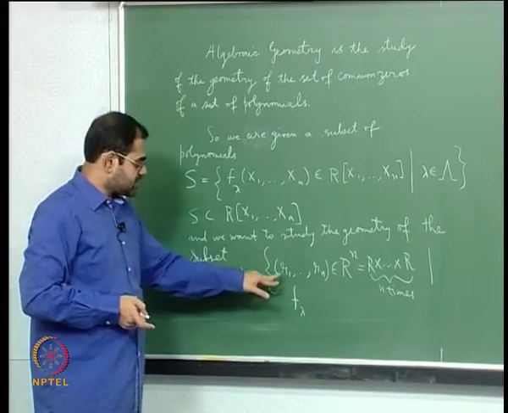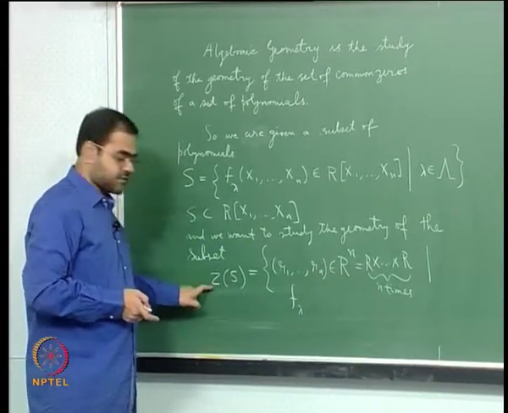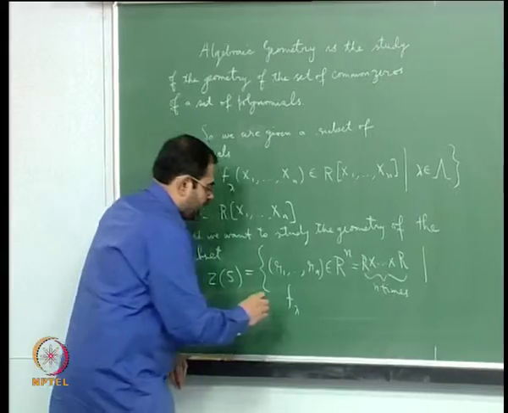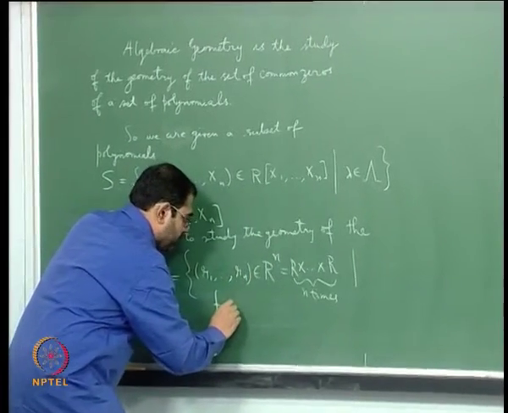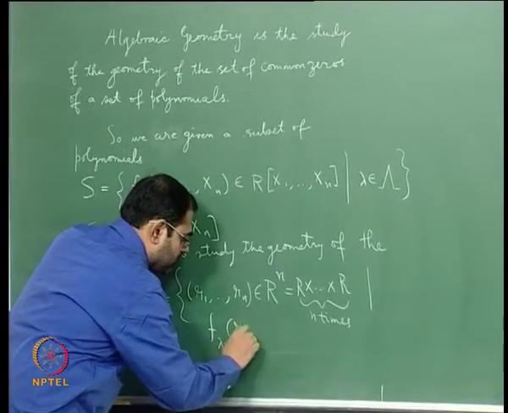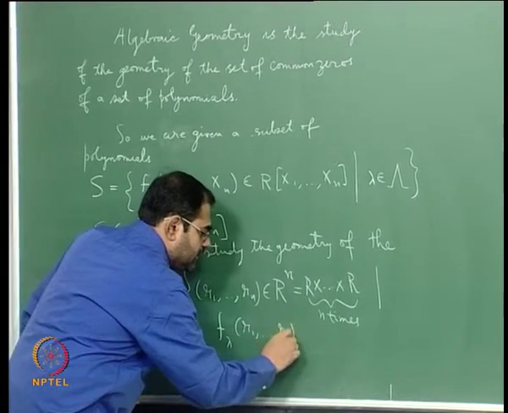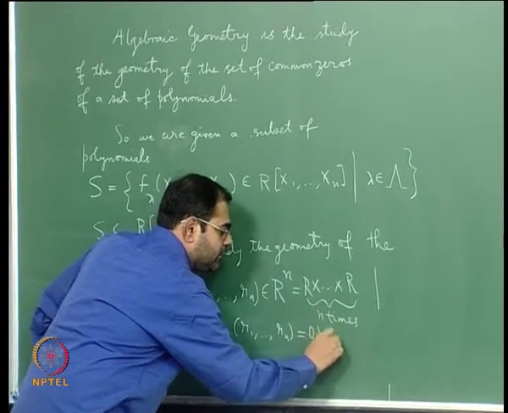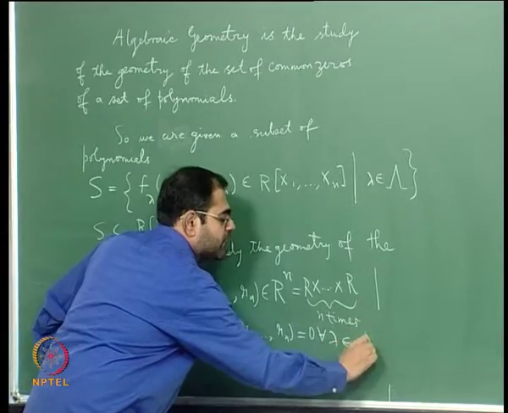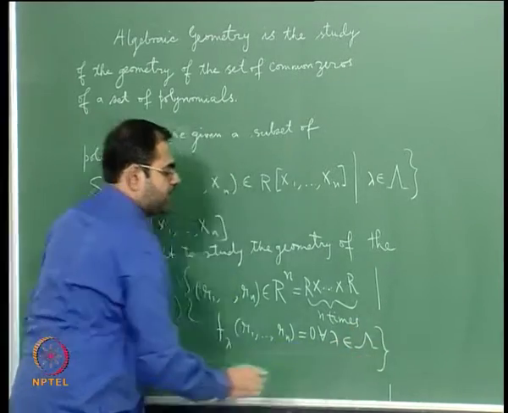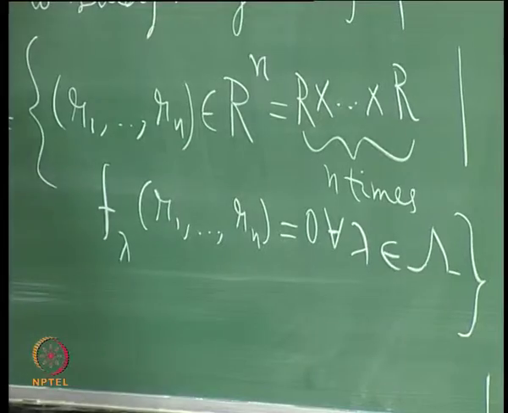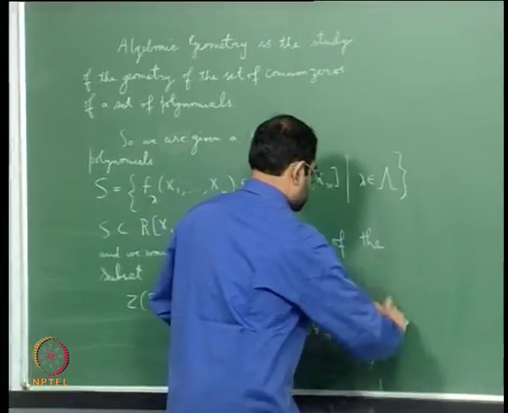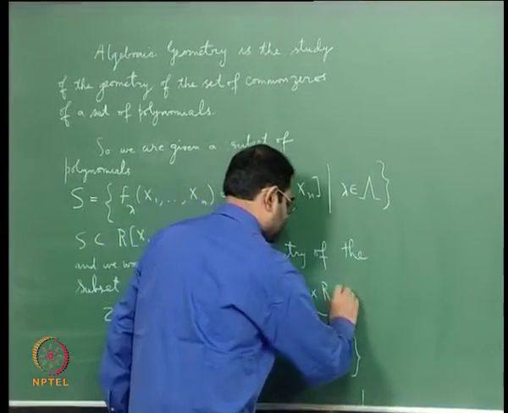Then and only then is a point of Rn in this set, such that f lambda of r1 etc. rn is 0 for every lambda belonging to capital lambda.